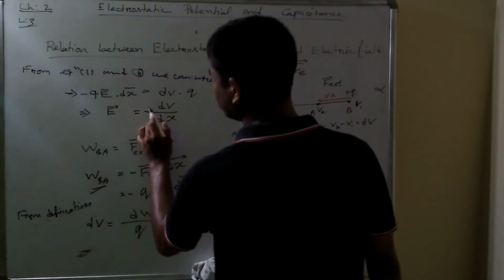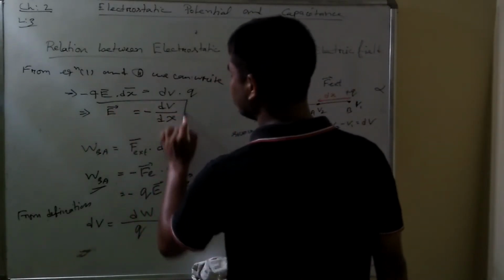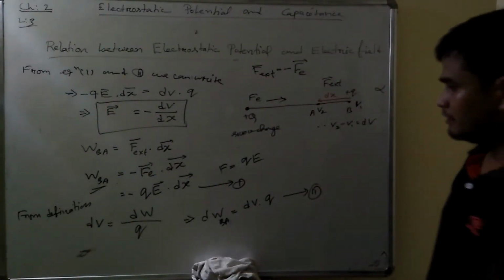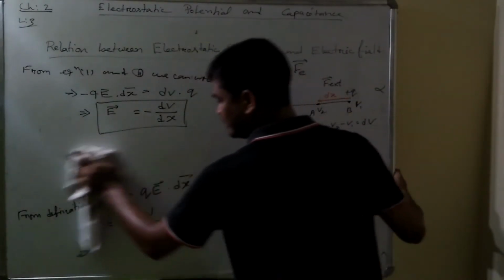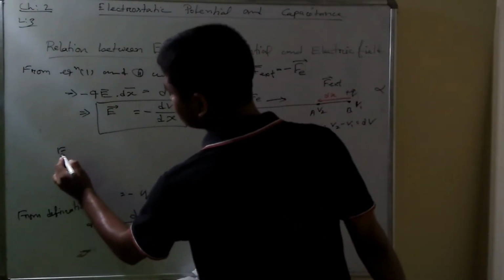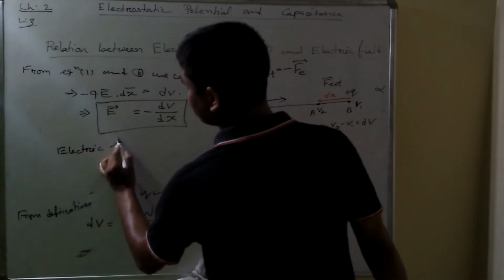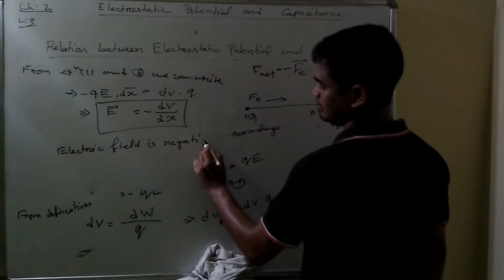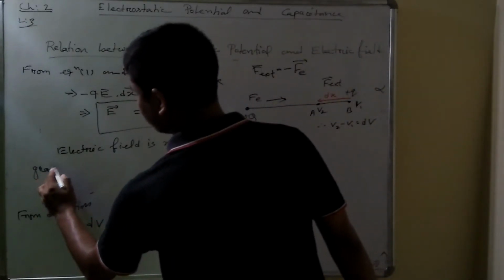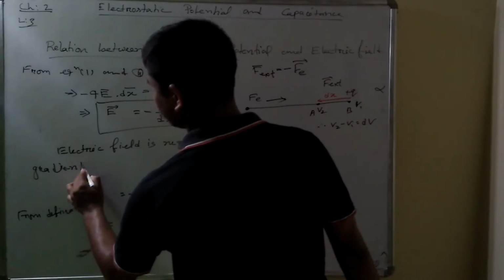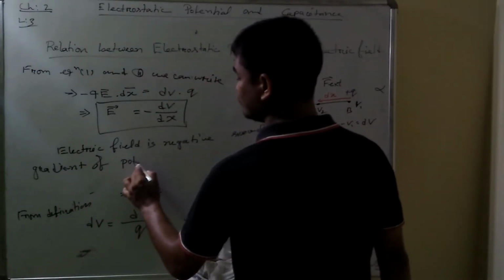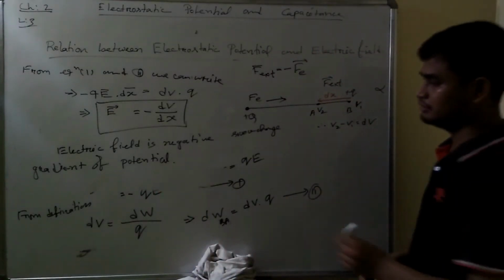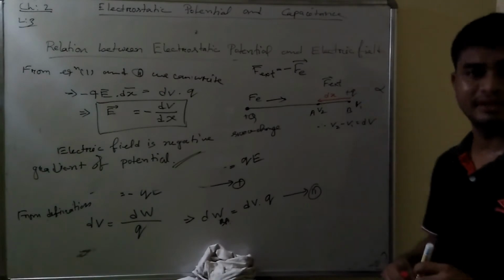So electric field is the negative gradient of potential. This is the relationship between electric field and potential.